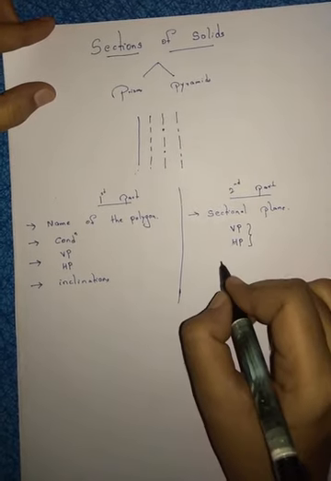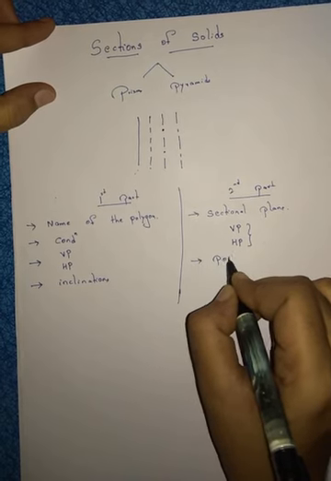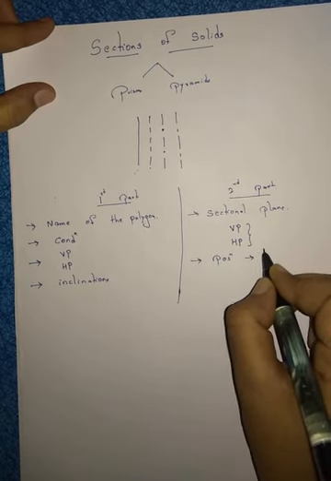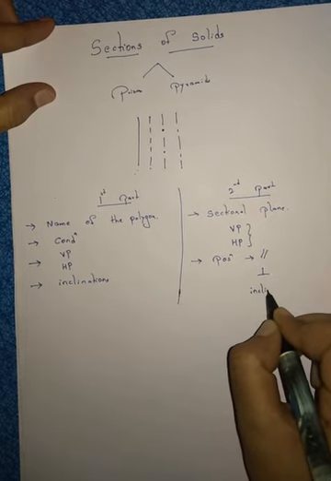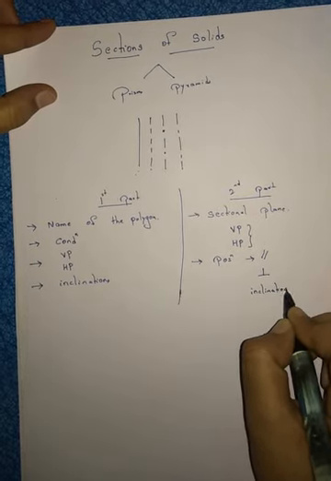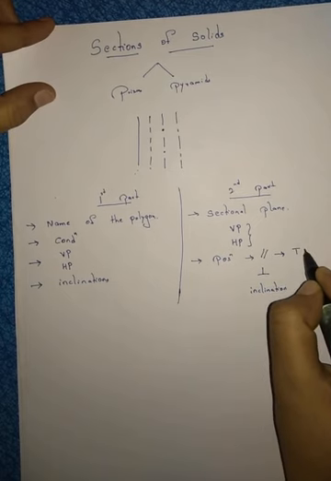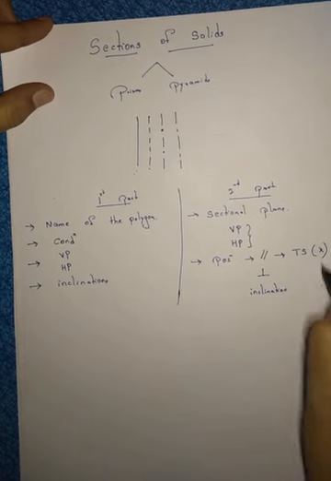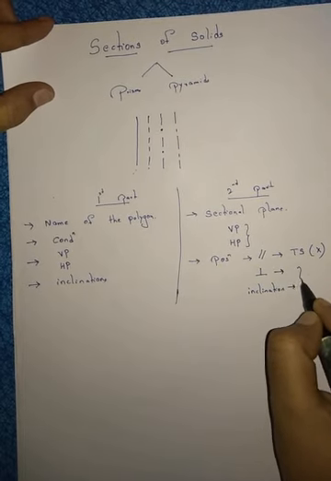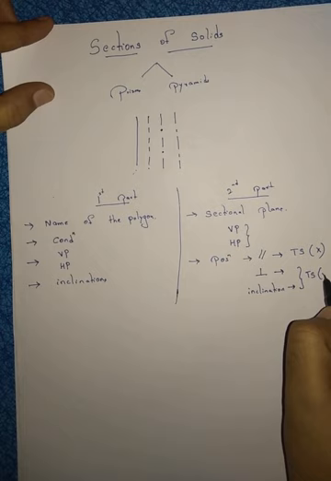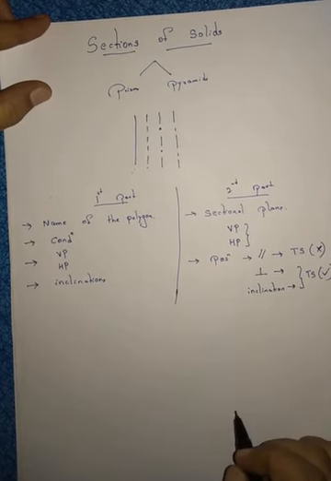Second is the position of the sectional plane: parallel, perpendicular, or inclined. When the sectional plane is parallel, we do not draw the true shape. When the sectional plane is perpendicular or inclined, we are going to draw the true shape. Just remember this, I will explain what the true shape is.